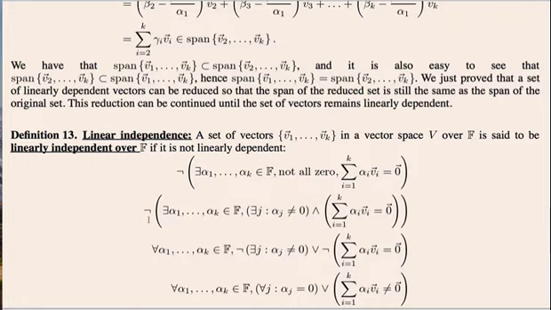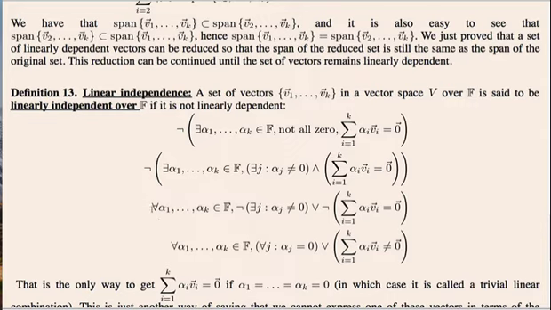Then we can follow the rule of negation of the existential statement. The negation turns it into a universal statement: for all scalars alpha 1 through alpha k, we then have to negate this other statement, and this is an AND, so AND turns into OR, and we have to also negate the other part of the OR.